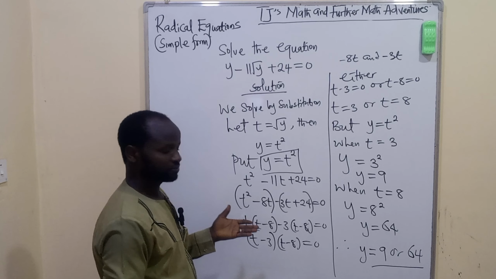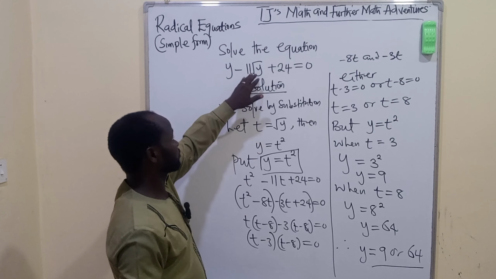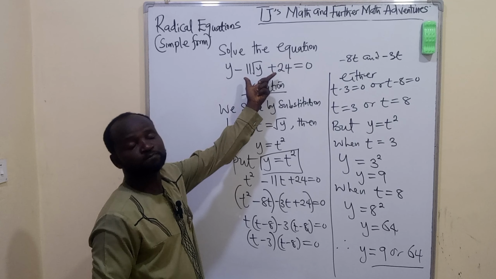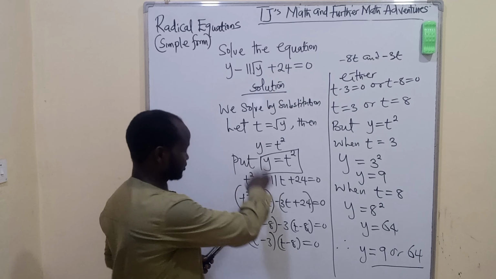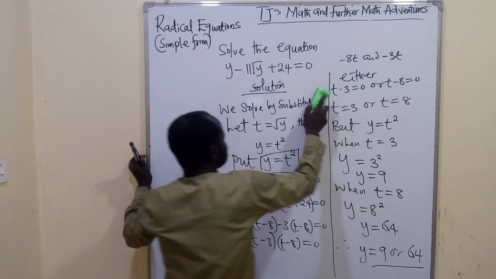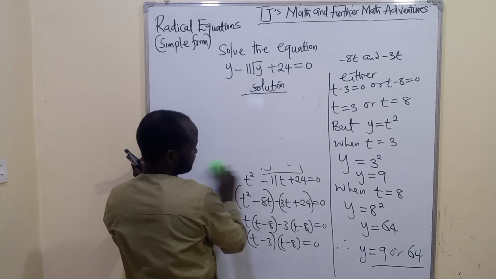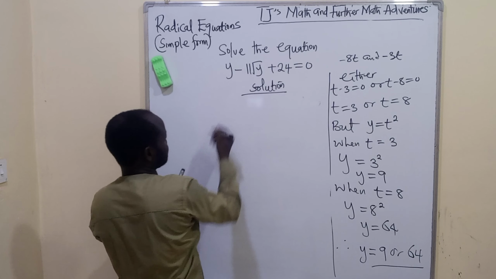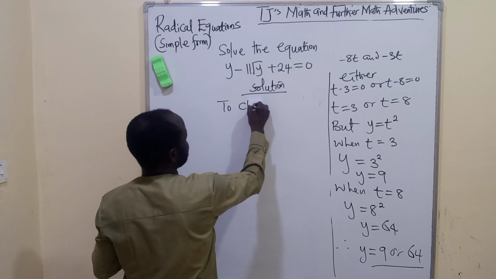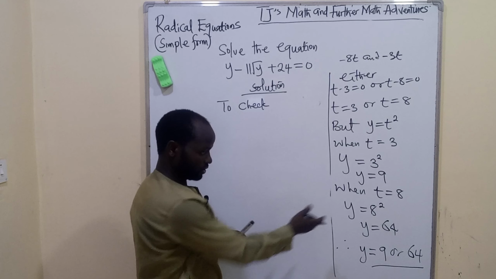And we can check if we want. By the time we plug the value of y into the left hand side, it must be equal to 0. So let's check here and see whether it is true. We can pick one of the values of y. Let's pick 9.